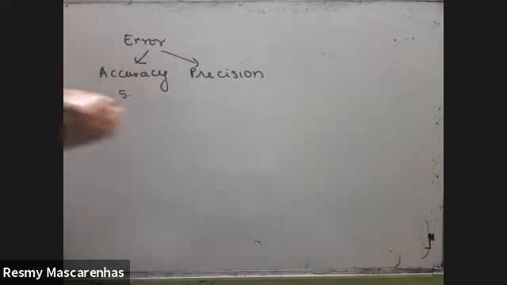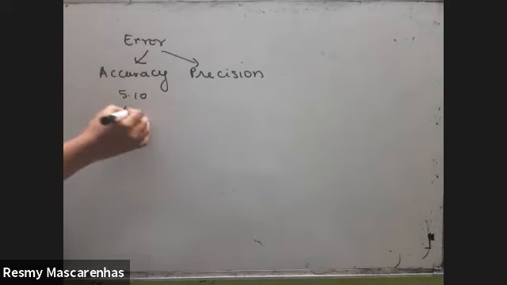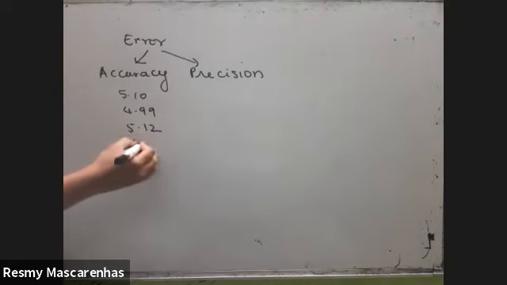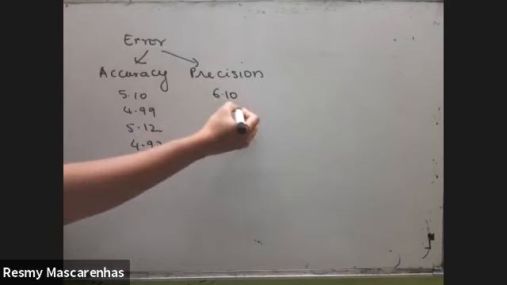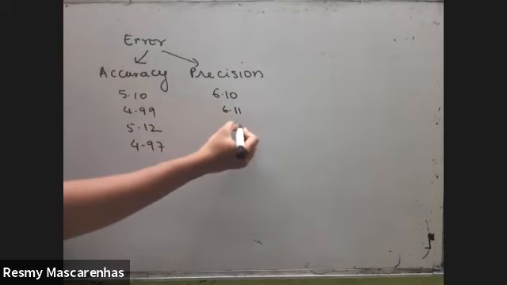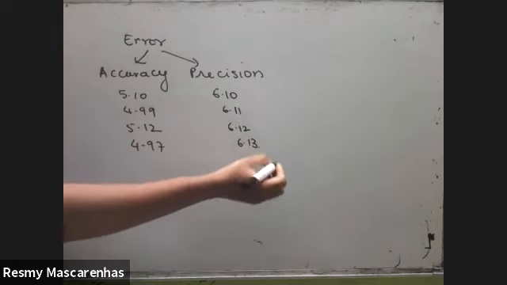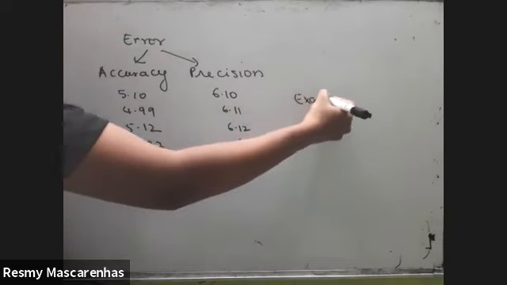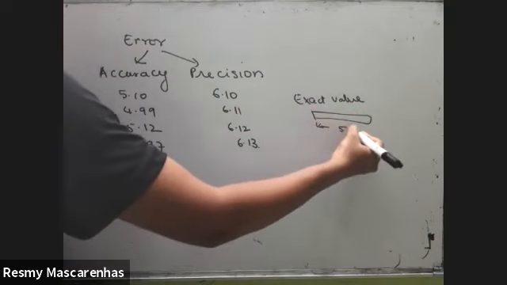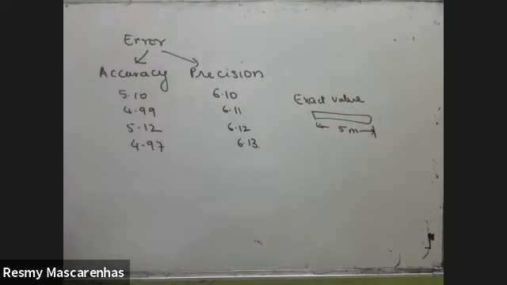Suppose we have an exact value, which we had checked for the ribbon, 5 meter. I just want to tell you the difference between accuracy and precision.